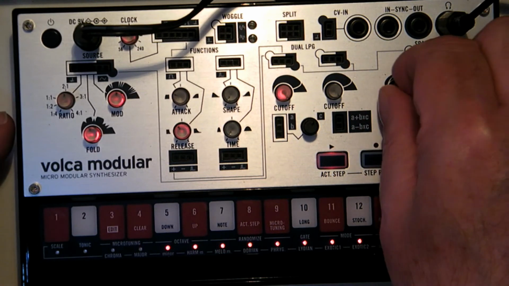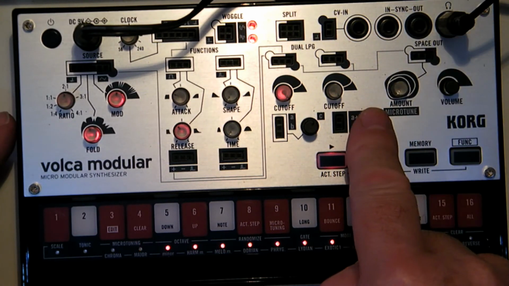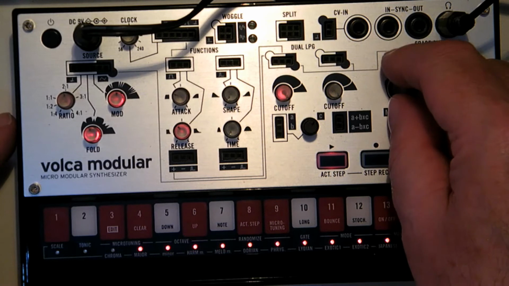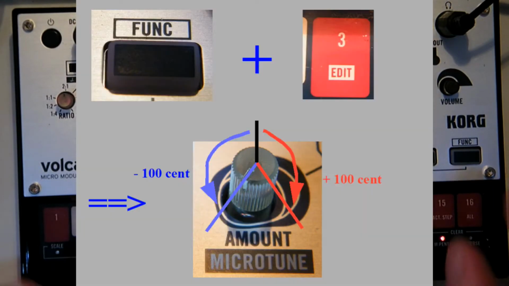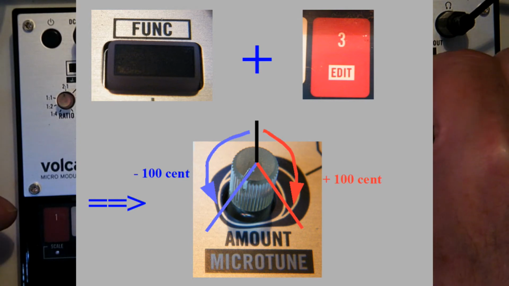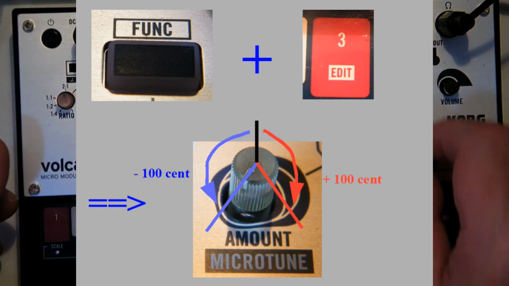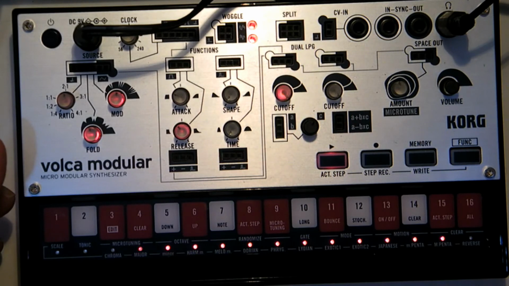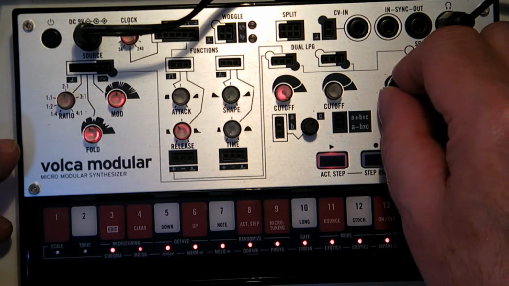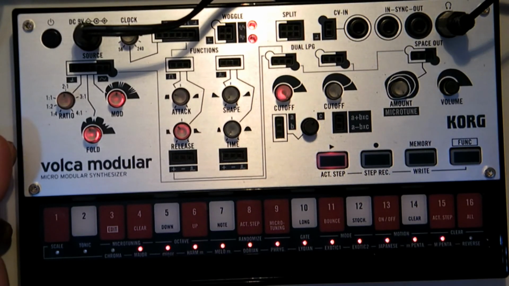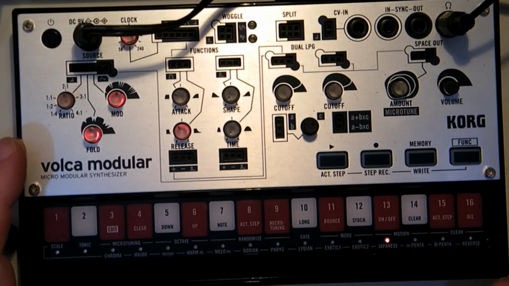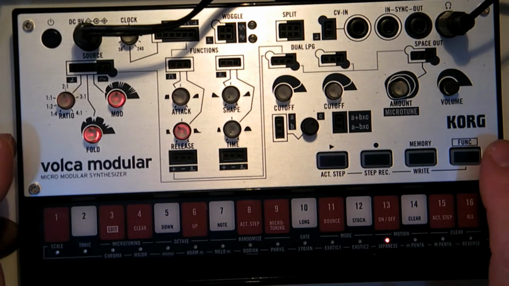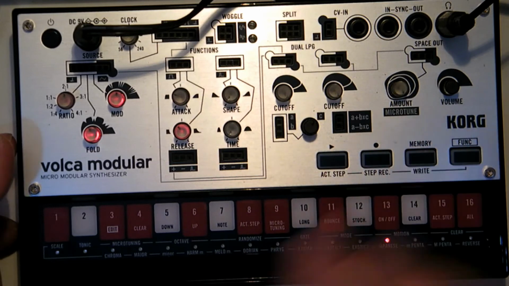The range of micro tuning per note is minus 100 cent to plus 100 cent, and this means that, for example, I can tune the note C up by 100 cent and approve, and then I do the same.